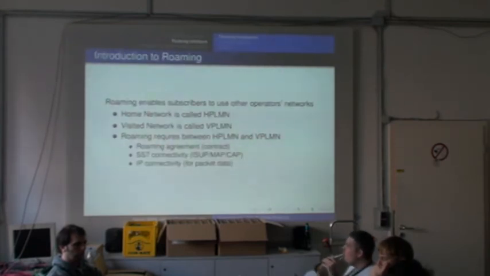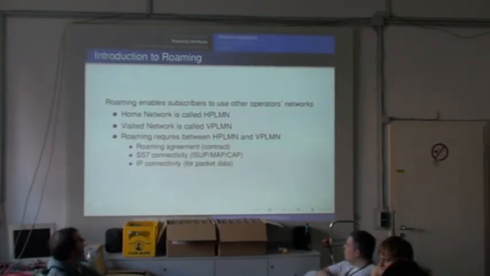Now, roaming interfaces, there's not really anything specific to roaming interfaces. You have the SS7 stack, you have ISUP, MAP, and CAP interfaces. And for GPRS, you of course have packet data interconnection, normally GRX connection to connect your SGSNs with other operators' GGSNs, and vice versa.